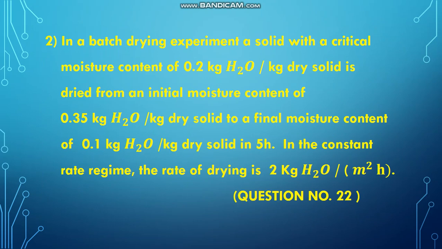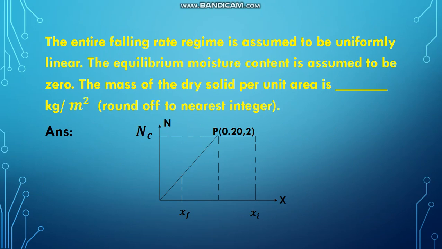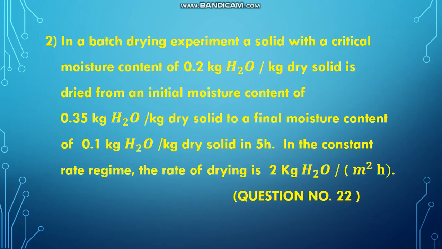In the constant rate regime, the rate of drying is 2 kg H2O per meter square hour. The entire falling rate regime is assumed to be uniformly linear. The equilibrium moisture content is assumed to be 0. The mass of the dry solid per unit area should be found out in kg per meter square. This is question number 22 in the GATE question paper 2021.